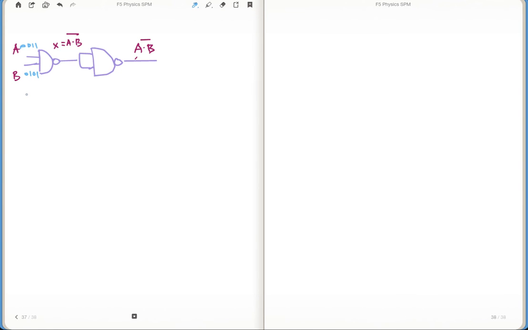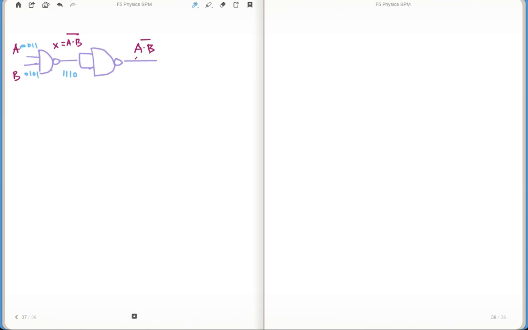Then the output: you know that 0 and 0 becomes 1. 0, 1 becomes 1. 1, 0 becomes 1. 1 times 1 is 1, inverted becomes 0.